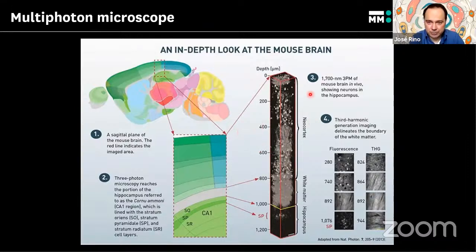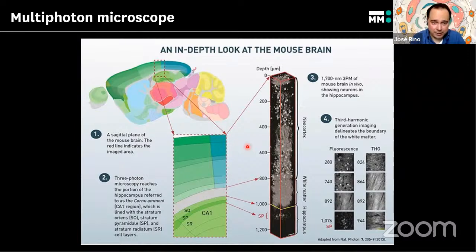In multiphoton, because you're using infrared light, which can penetrate much deeper, you can image way beyond what the confocal would usually image, which is this area around here, and go 50 microns, 60, 80 microns. Even if you excite not with two photons, but with three photons, you can go even deeper and image almost 1 millimeter in your sample.